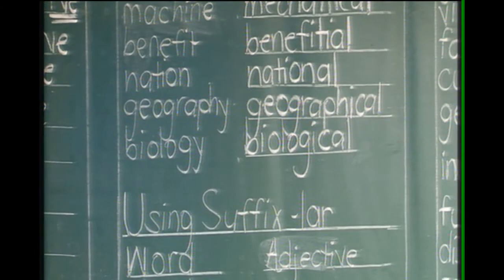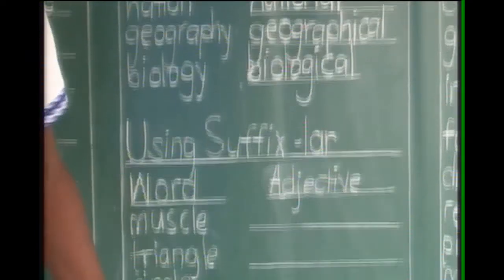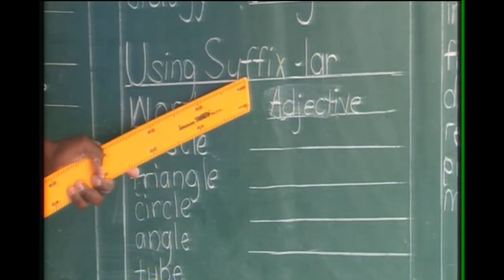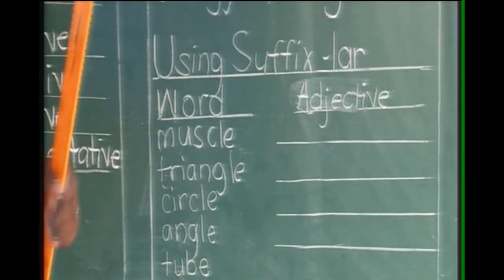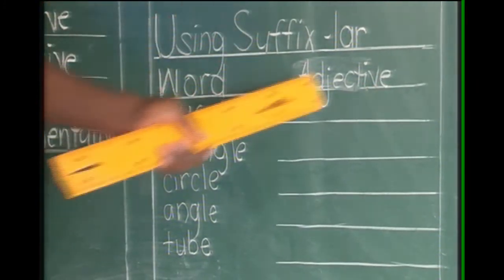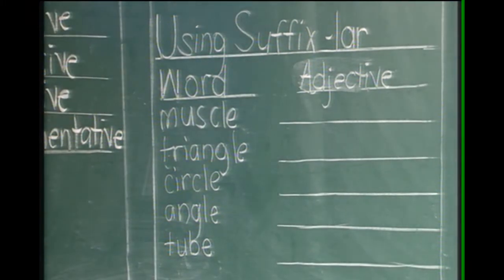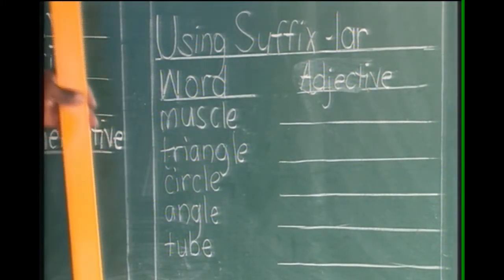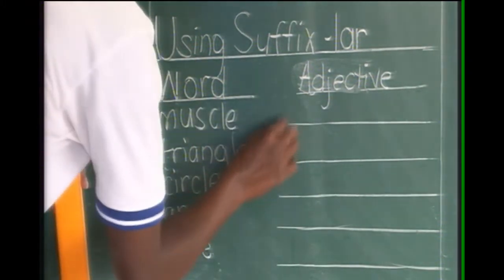Next is using the suffix lar. We have the word this side and the adjective that side. We have muscle, which changes to muscular.